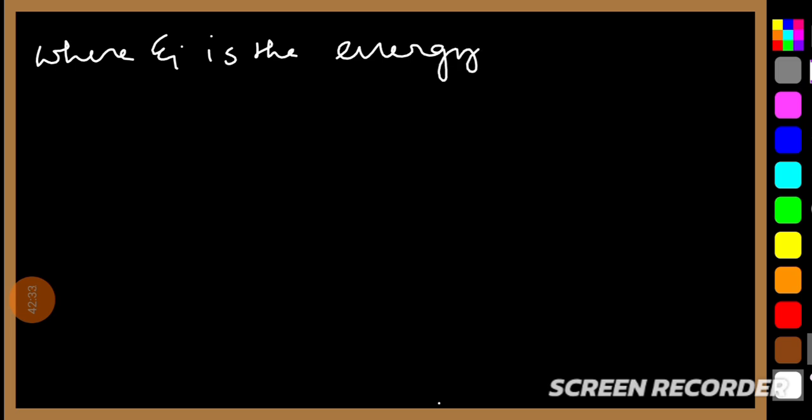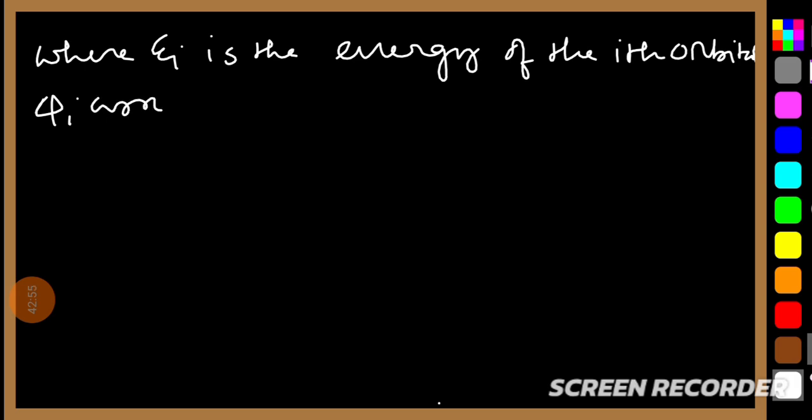So where epsilon_i is the energy of the ith orbital. Okay, so epsilon_i means the energy of the ith orbital. Always remember epsilon_i, and phi_i is assumed to be normalized.